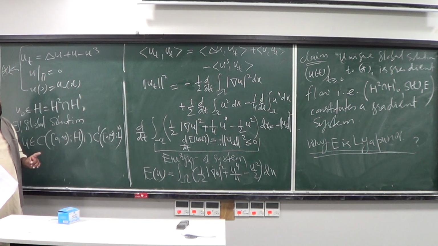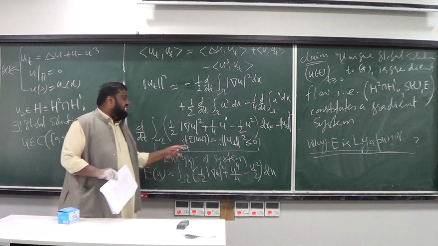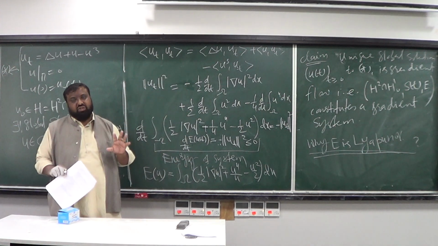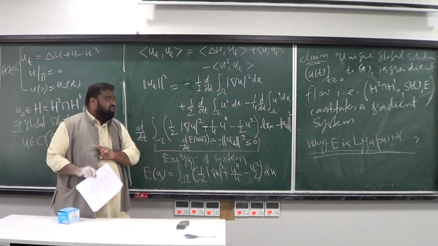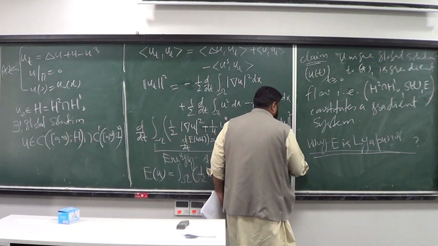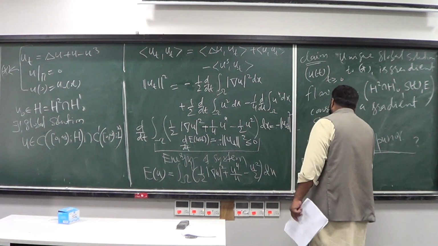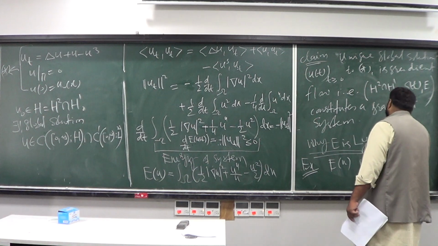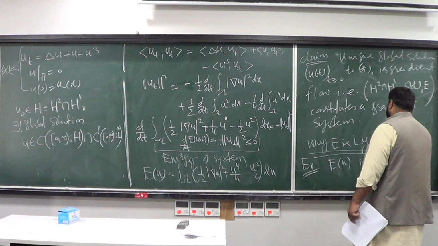The second condition is to show that E, as a function of u, has a lower bound. This is an exercise for you to prove for yourself: show that E of u has a lower bound.